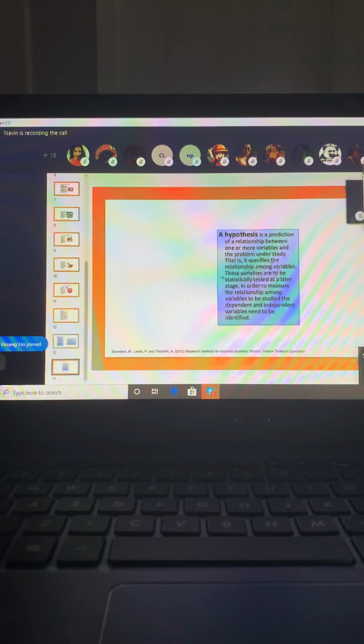Then the final one is regarding hypothesis. You need to write the research objective, and you also need to write hypothesis. Now I will teach you how to write hypothesis.